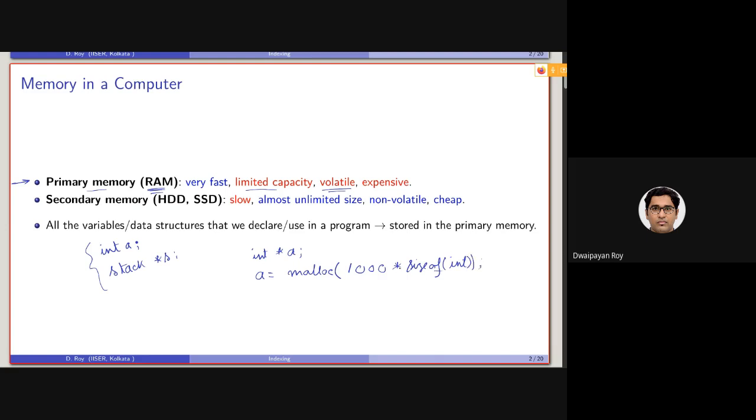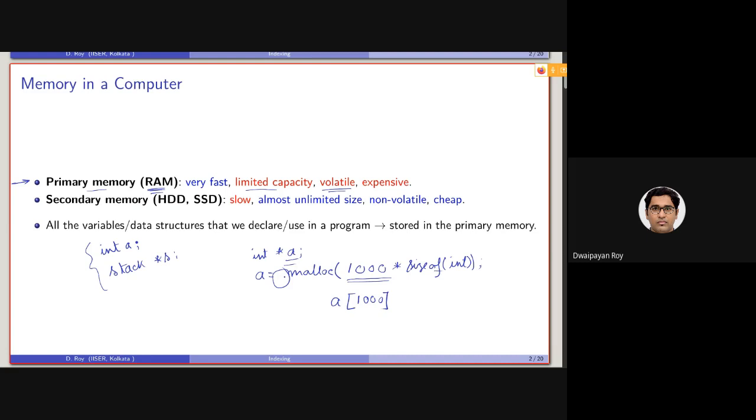Just to give you a recap, I am allocating memory of integer type. Basically I am creating an array of integer type having, sorry, not 100 but 1000 indices. Why am I not typecasting it?